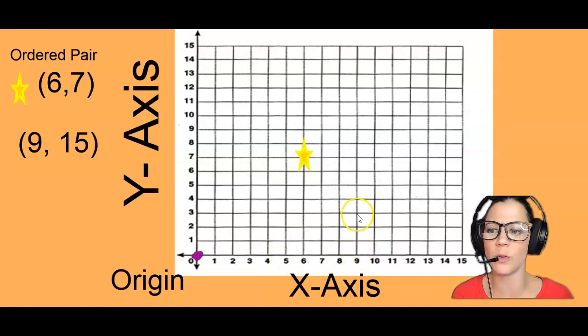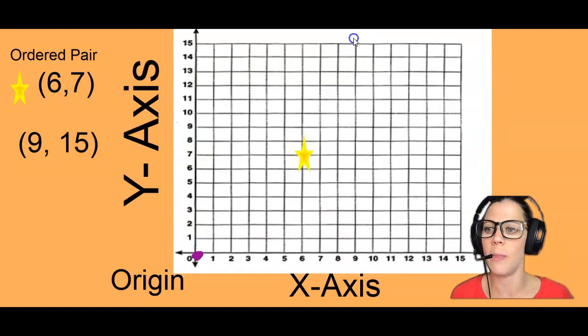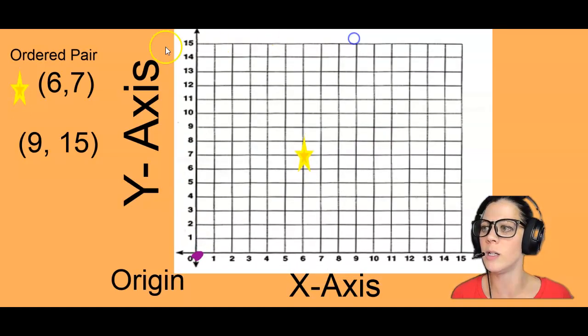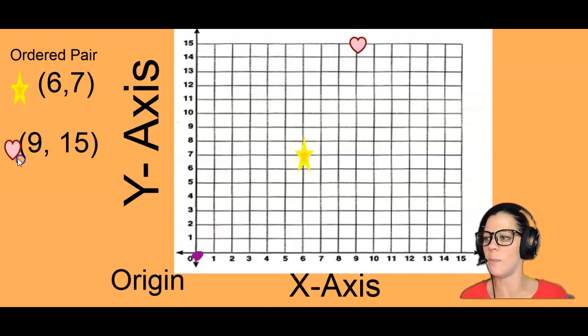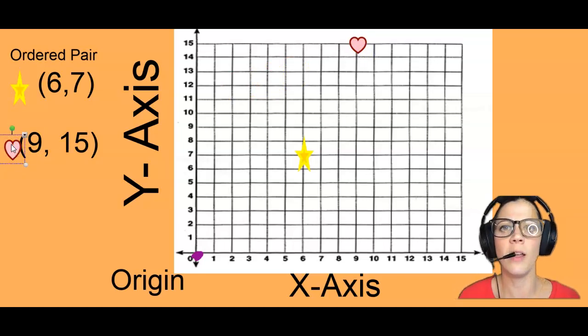So 1, 2, 3, 4, 5, 6, 7, 8, 9, 10, 11, 12, 13, 14, 15. So right here at the top. And then I'm going to put my heart there. Right there. So my heart shape would be at 9, 15.